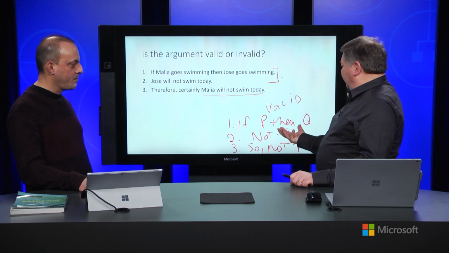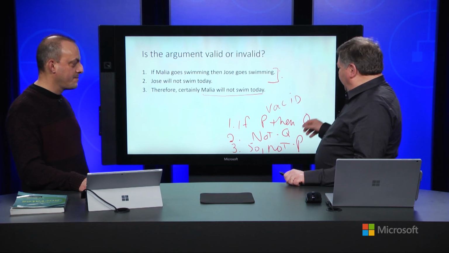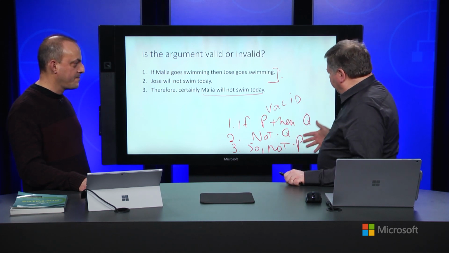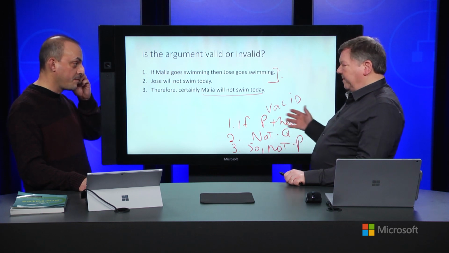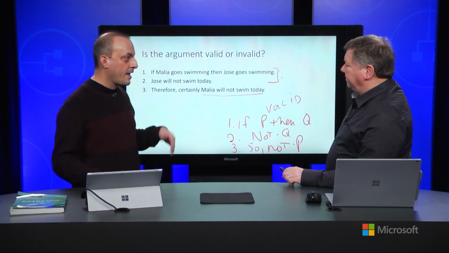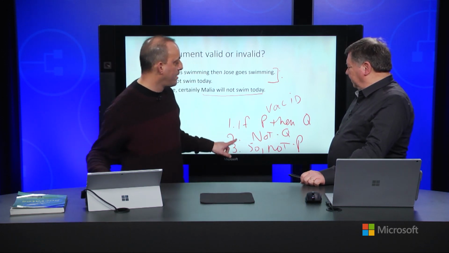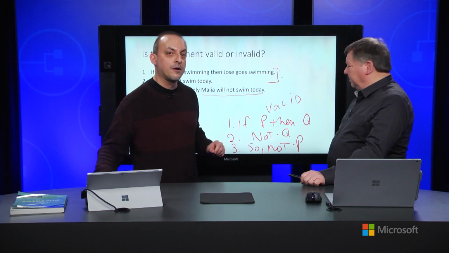There are ways of actually showing in almost a mathematical way that any argument that follows this pattern will be valid. So what that means is you can plug any value into P and Q and it would still be valid. You can even put nonsense. You could say if foo then bar, not bar, therefore not foo.